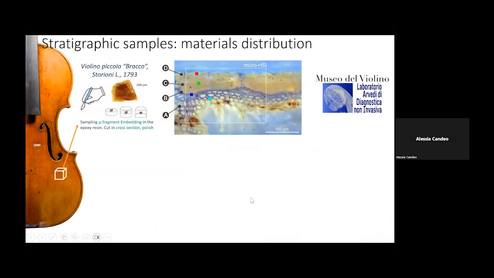It was also possible to study the material distribution in stratigraphic samples. For example, here we had a microfragment that was taken from a violin and embedded in epoxy resin. And we looked at one of the cross sections, and it is quite clear already from a standard photography and UV illumination that there is a very, let's say, complex distribution of the materials on the surface of this violin.